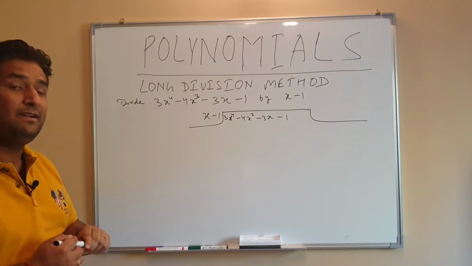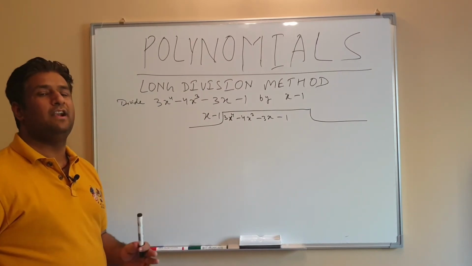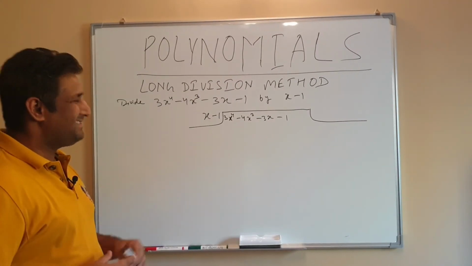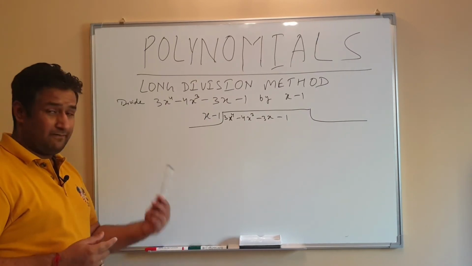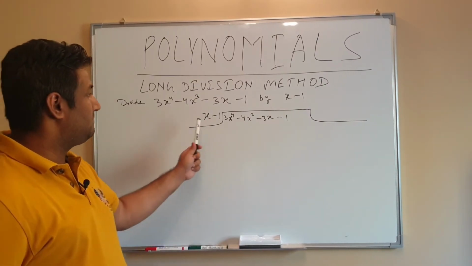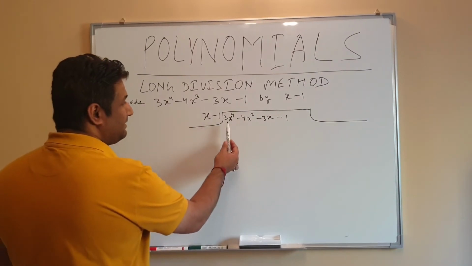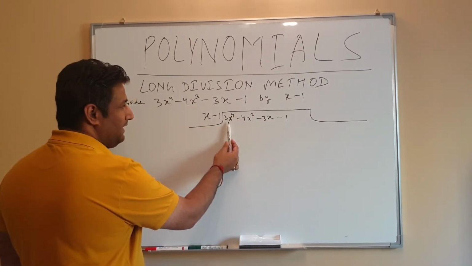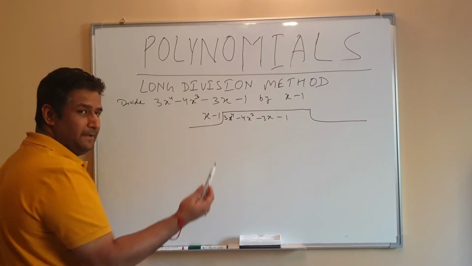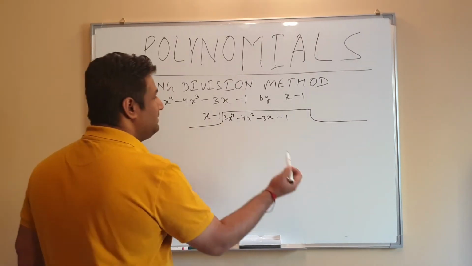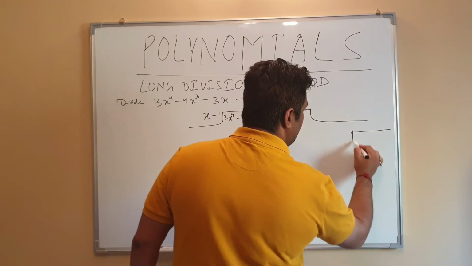So what should that term be? We have to find that out. It is a trick where we have to find which term we should multiply this particular term with. For that we just take the first term here and the first term here. So the first term here is 3x⁴, we'll make a small box here.